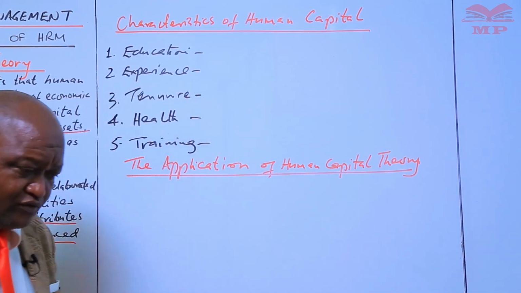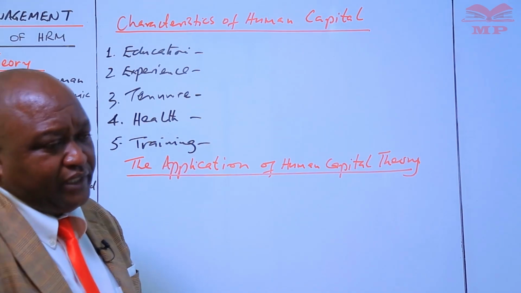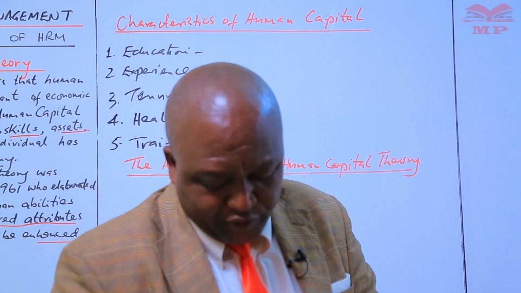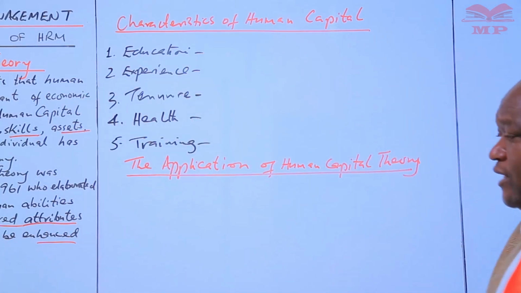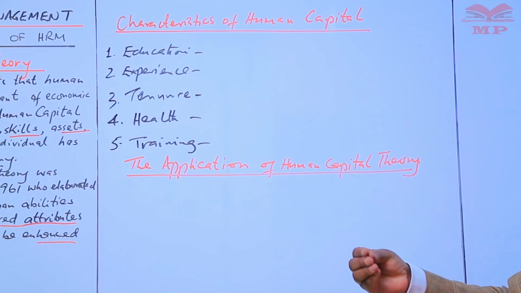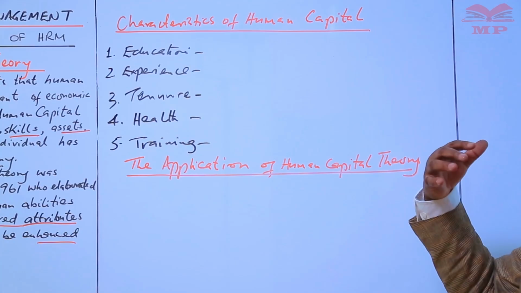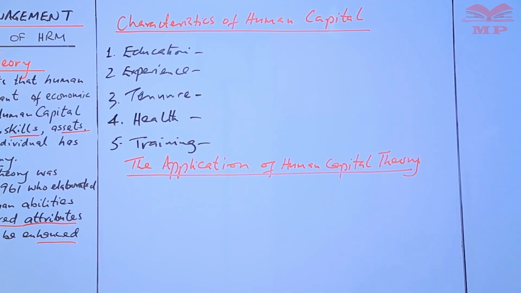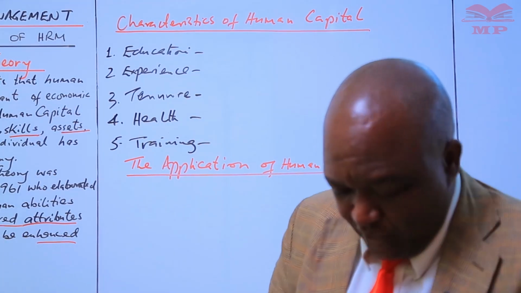As a student of management or as a student of any discipline, this human capital theory will come in handy when it comes to making decisions. And as we have indicated, if you are looking at a theory that underpins knowledge, skills, experiences that individuals have, then this can inform decisions which are likely to be made in organizations.